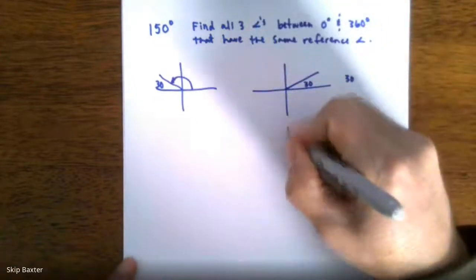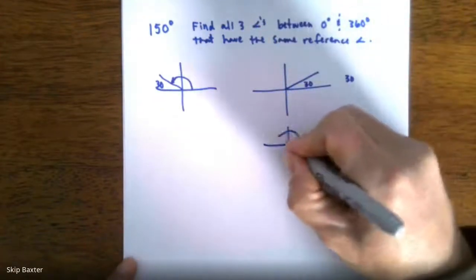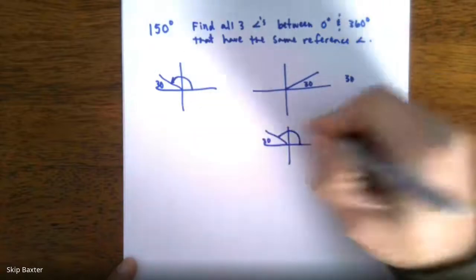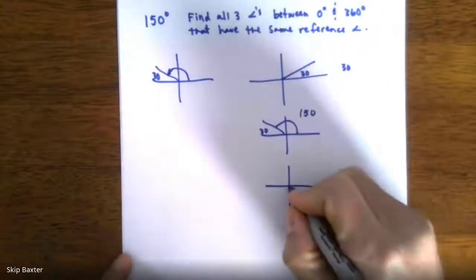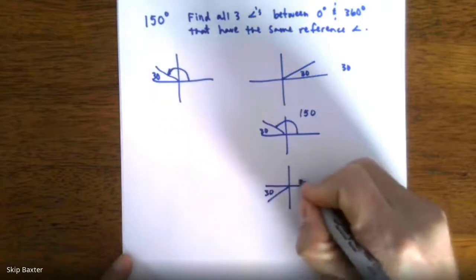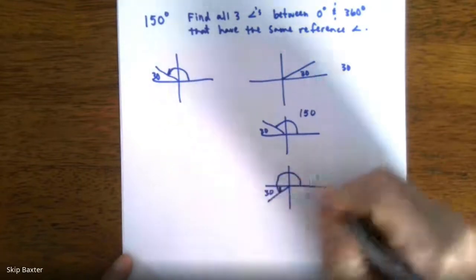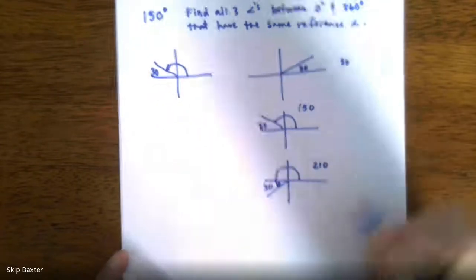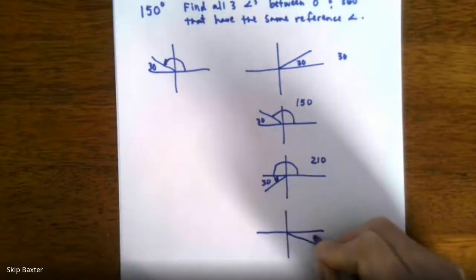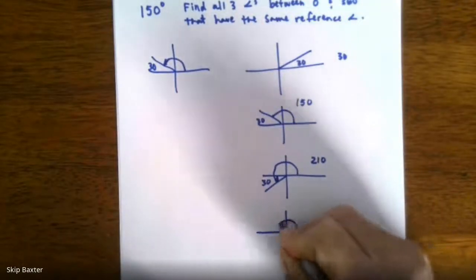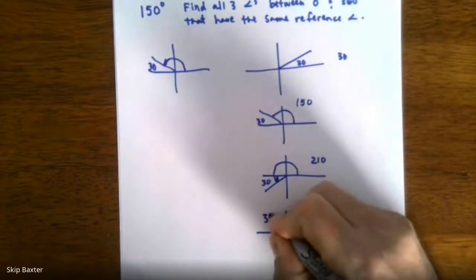What's the angle in the second quadrant where this angle is 30? This would be 150. What's the angle in the third quadrant where this angle is 30? That angle would be 180 plus 30, 210. And finally, what's the angle in the fourth quadrant where this angle is 30? And it would be this angle right here, 330.